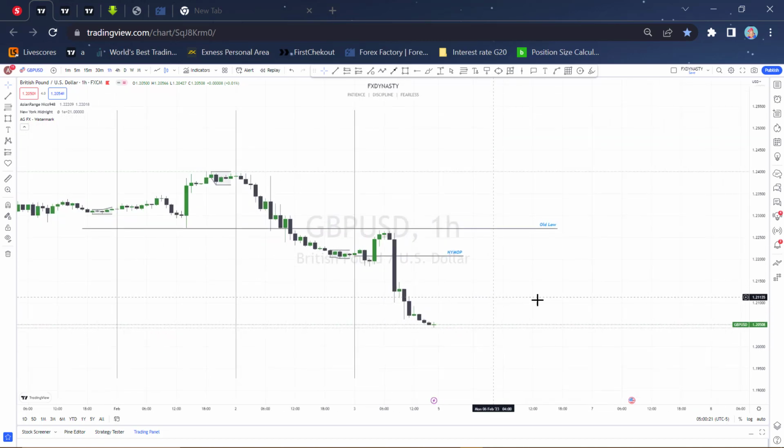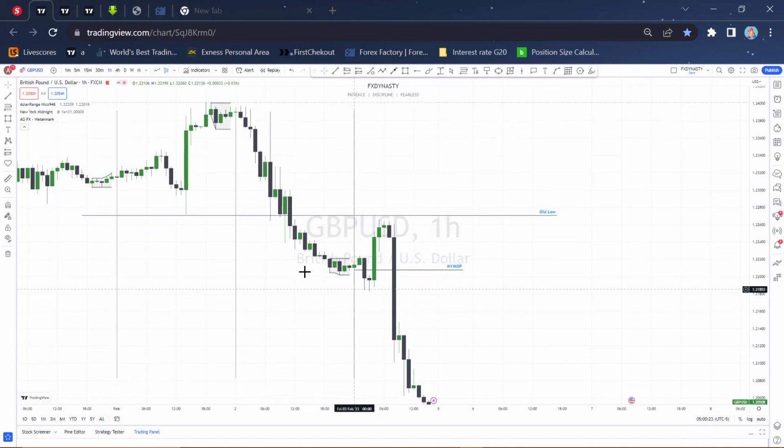As you can see, price opened, went below the Asian low down here, took out Asian liquidity, then reversed and went up close to the old low that I have highlighted here.